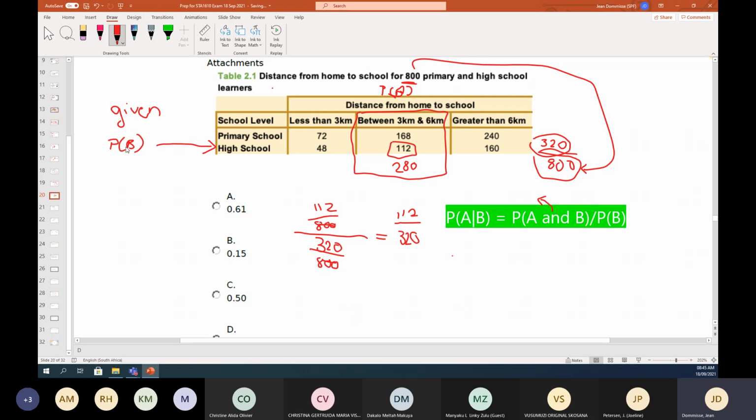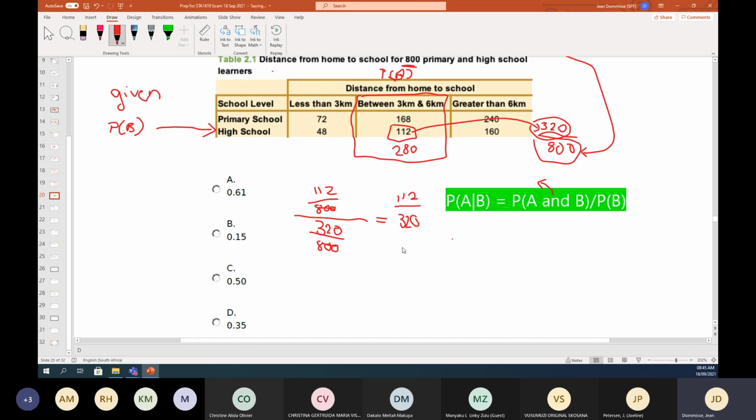If I look at the probability of B, it is 320 divided by 800. But in actual fact, the two 800s, because one is on top and the other on bottom, will just cancel out. So here I could have just said the AND divided by the total of B. Okay, and then that will be equal to 0.35, which is option D.